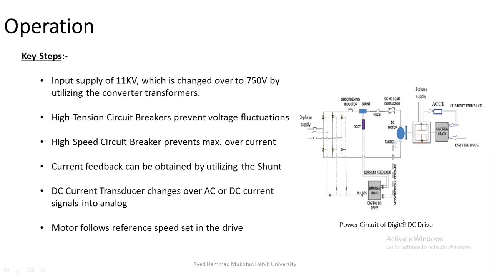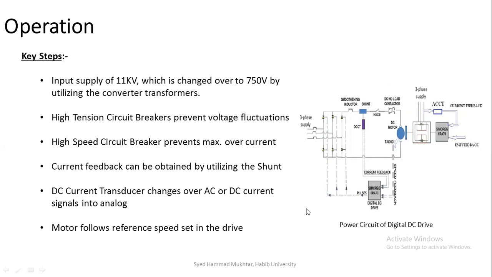So in case there is an overcurrent, the feedback ensures that the high speed circuit breakers open up the contacts immediately, so that the overcurrent does not affect the machine, and the machine is not harmed. And we have tachometers over here, which give out the speed feedback to the drive to ensure that the motor is following the speed that is set already in the drive.